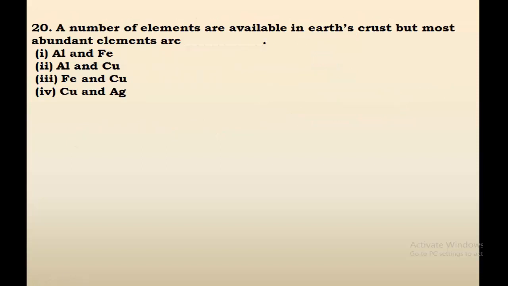That is third. 20. A number of elements are available in earth crust, but most abundant elements are. So most of the elements are obtained from the earth crust. Most abundant element in the earth crust is oxygen. The second most abundant element is silicon. The third most abundant element is aluminum.